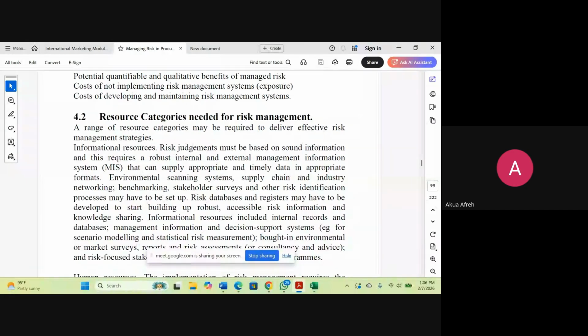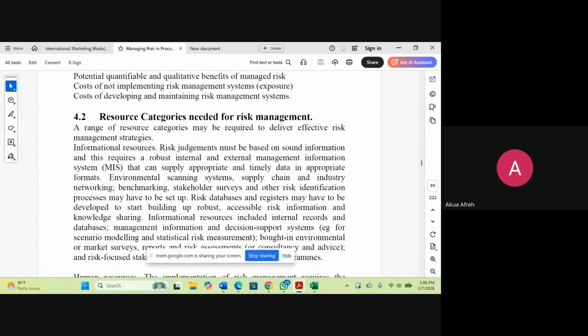You can't do risk management when you don't have data. What you are doing is just guesswork. It won't work. You'll not be able to identify your risk, and even how to mitigate them will become a problem.